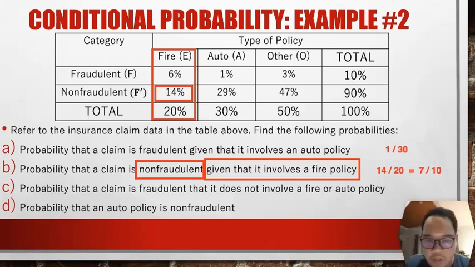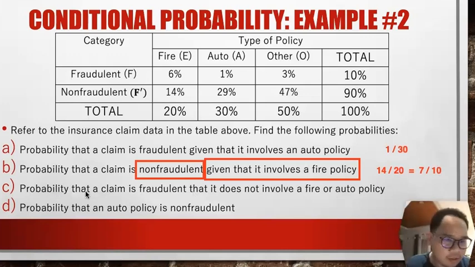Let's proceed to letter C. Find the probability that a claim is fraudulent given that it does not involve a fire or auto policy. So it should be the others. That's our given. We will need to find the probability that it is fraudulent.